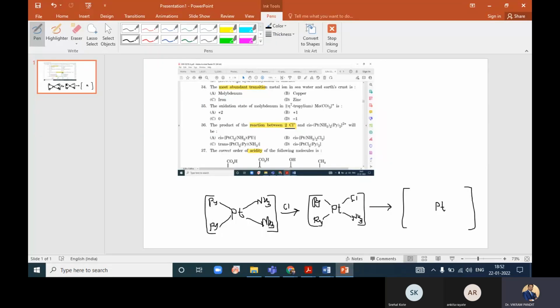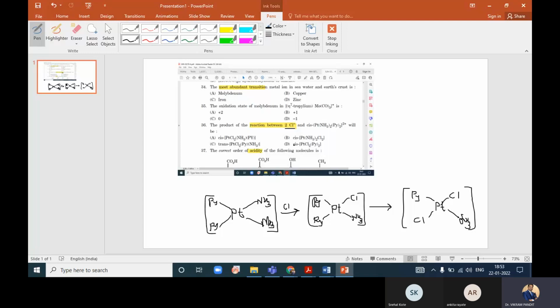So this chlorine will definitely replace this pyridine, and you will get this type of compound. Chlorine is as it is, but now it replaces this pyridine with chlorine. You will get pyridine, you will get NH3. Now it is clear that these two are trans to each other.